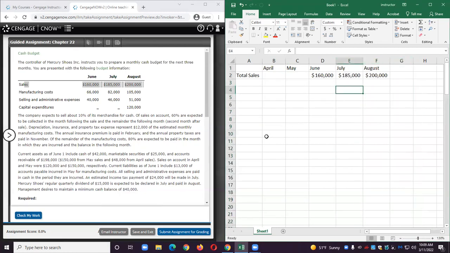So there's my total sales. To figure out my cash sales, I know that we expect to sell 10% of our merchandise for cash. It tells us that here. So my cash sales equal 0.1, or 10%, times my total sales for that month.